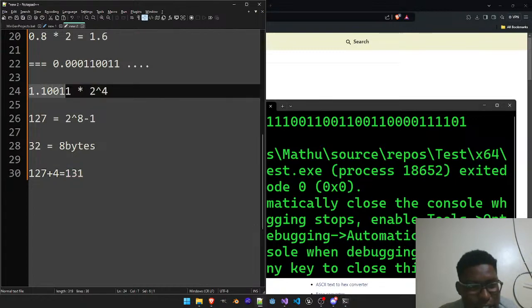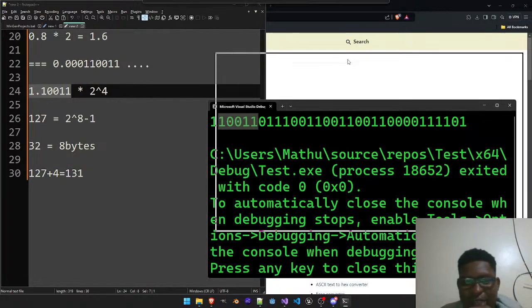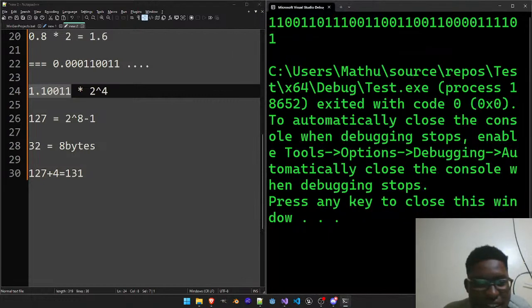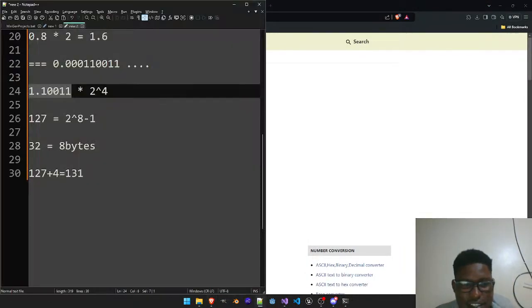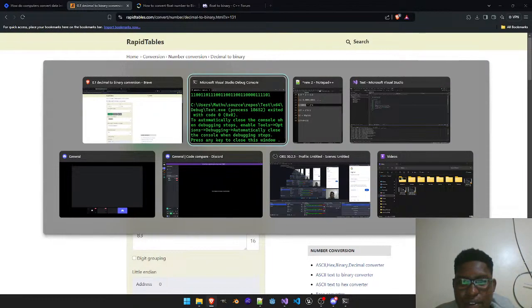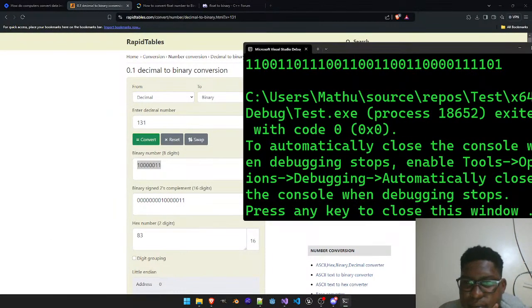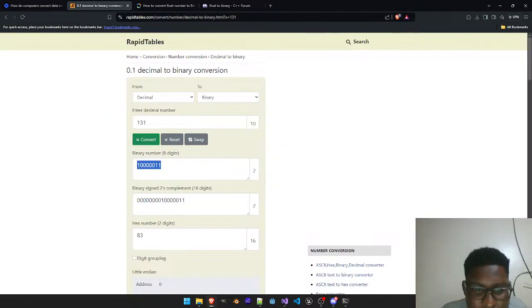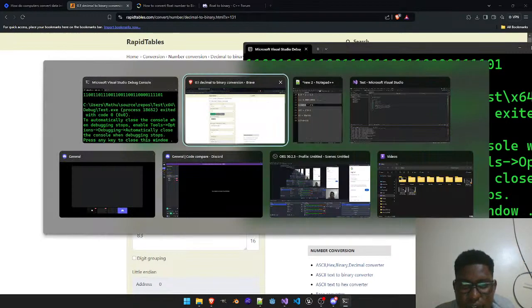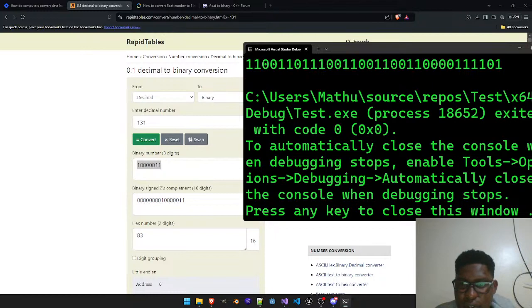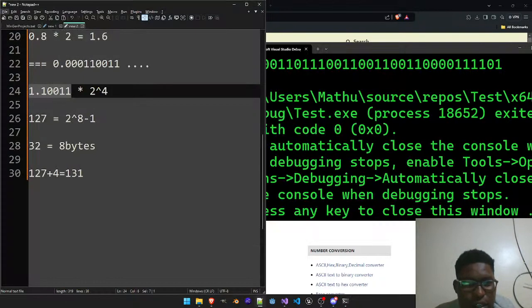Oh, wait a second. It's not adding up. Based on what I was looking at before, I could see it was matching.